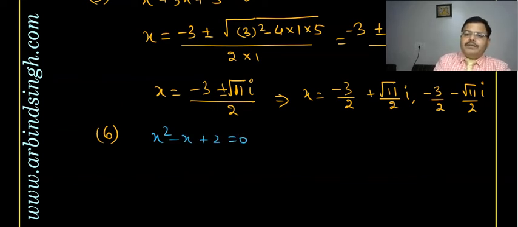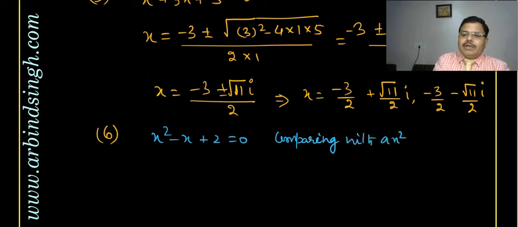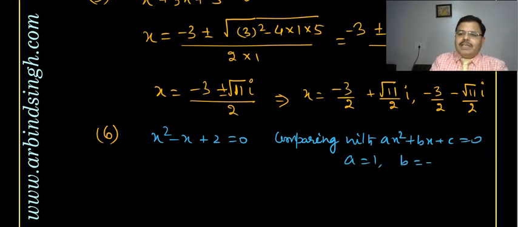Again the same thing, comparing with ax square plus bx plus c is equal to 0. I am not writing all these steps. You can write a is 1, b is minus 1, c is 2, and therefore the quadratic formula is like this. Quadratic formula I am just writing here for recall.